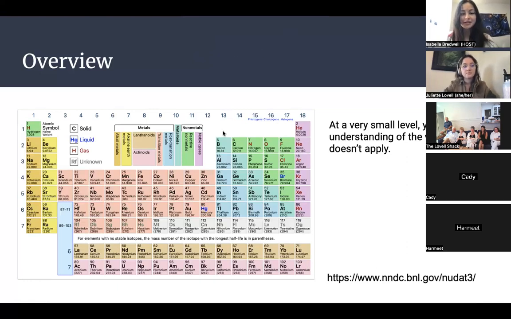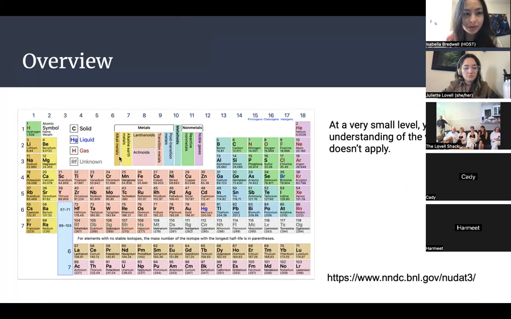Okay, so this little table here, for some reason it won't let me scroll. But this is the table of the isotopes that I'm using in my studies. It shows you all the different possible isotopes, where this is just one of each. All these atoms have different isotopes, different numbers of neutrons.